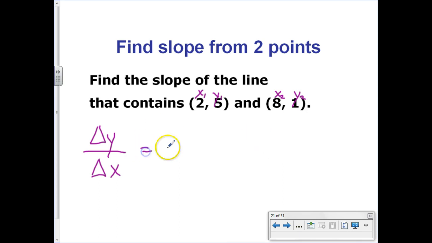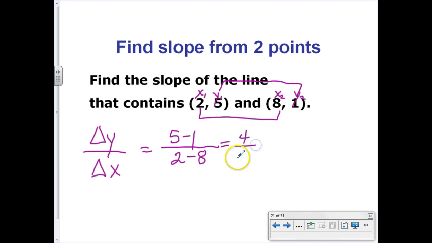So what's the difference in the y values? You can take your two y values and simply subtract them, 5 minus 1. Then you take your x values, the 2 and the 8, and subtract those. That gives you this fraction, or this ratio, 4 over negative 6, and that simplifies to be negative 2/3.